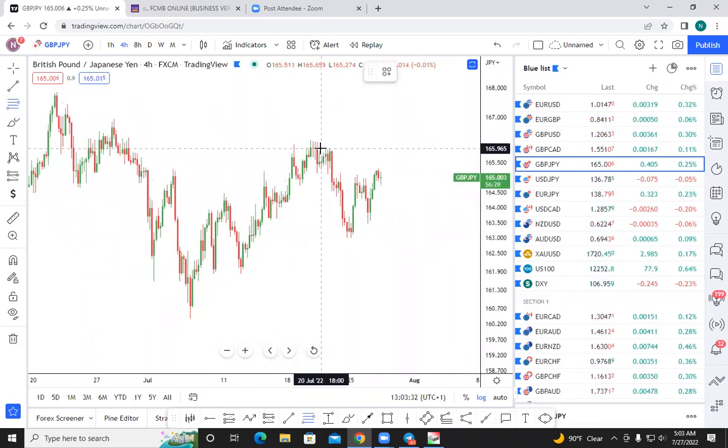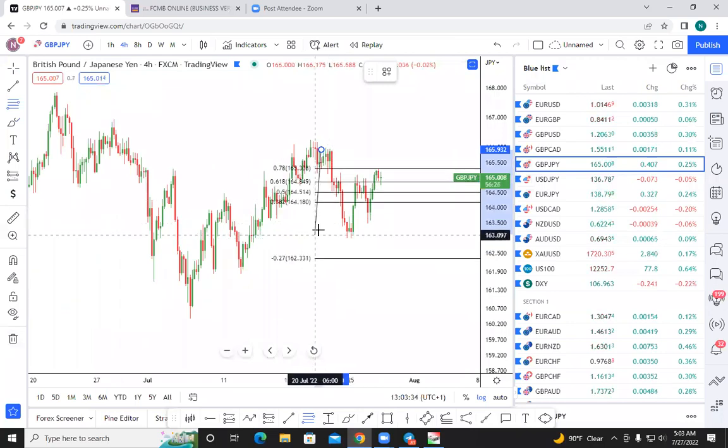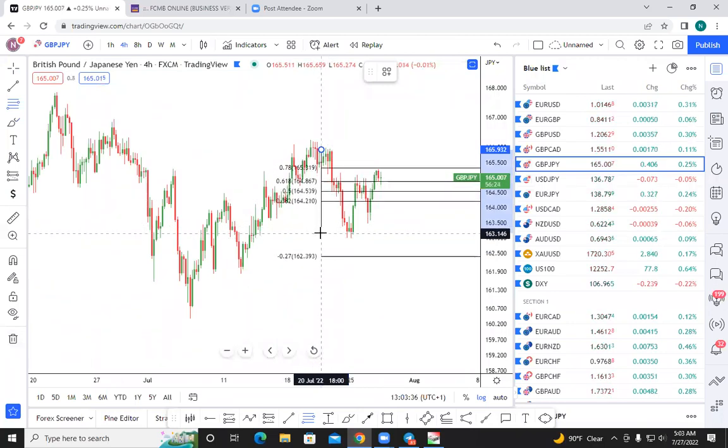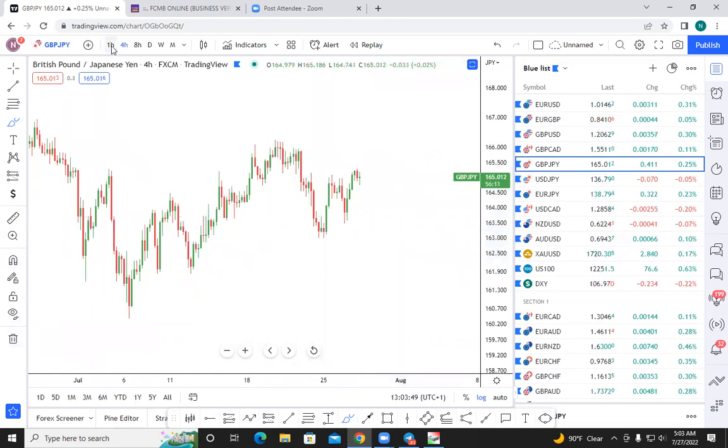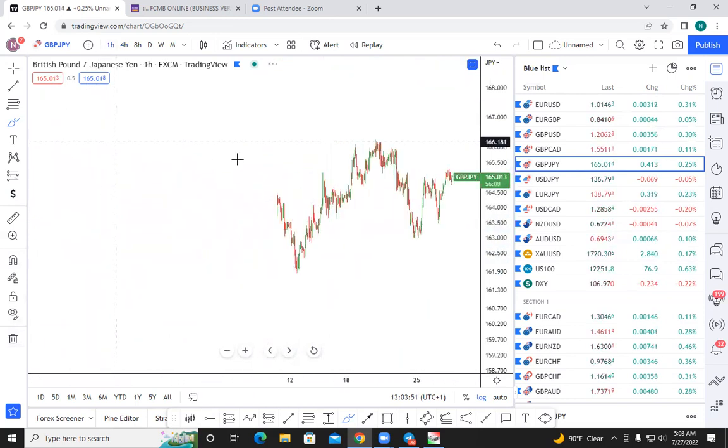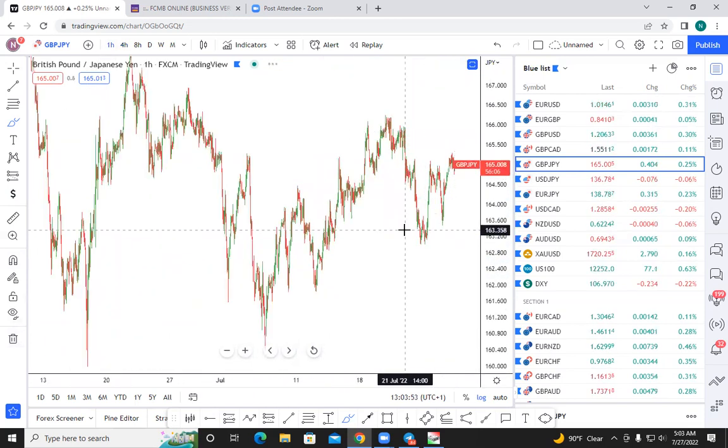You could also see a situation where this breakdown here is corrected to the appropriate fib level that corresponds with supply. From there, you can see a push to the downside. Let's look at it in 1 hour time frame so that you get what I'm saying.